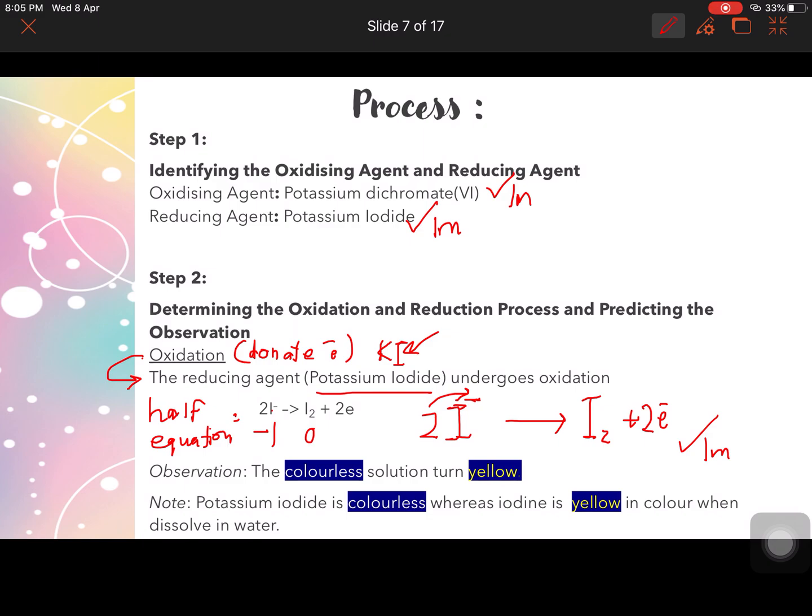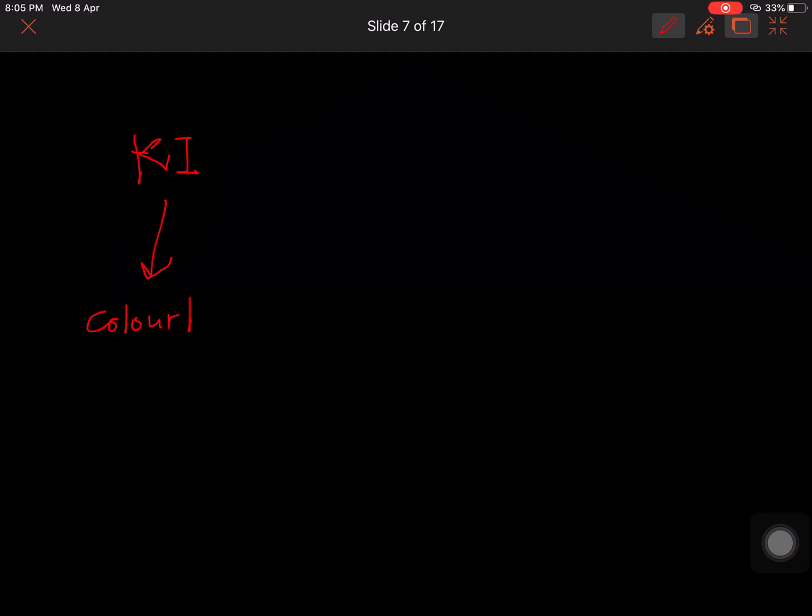Now the color change. First of all, what you need to know is the color of KI. All salt solutions are colorless except those with iron 2, green, iron 3, brown, or copper ions, blue.